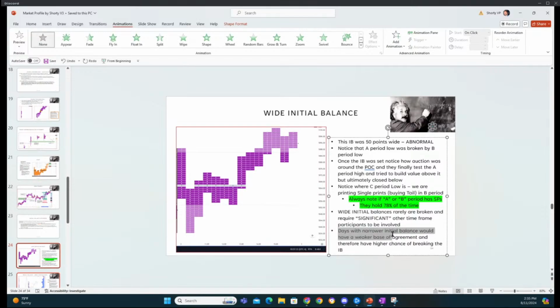And then days of narrow initial balance, I would say you guys have to pay attention to that. When an IB is really tight, it means there's a higher chance of an explosion, breaking that IB and going higher.